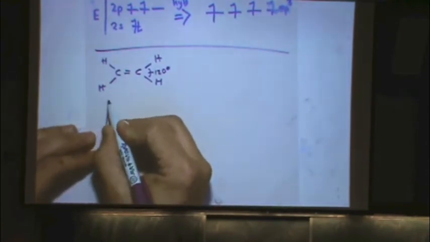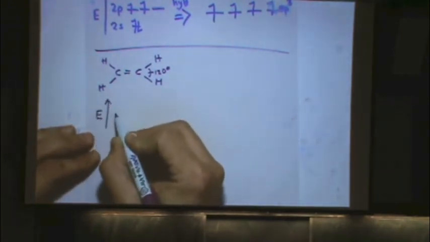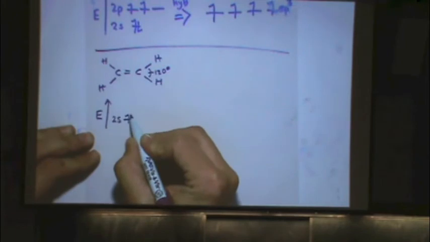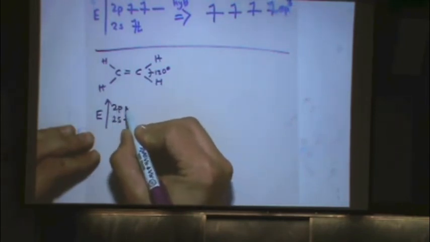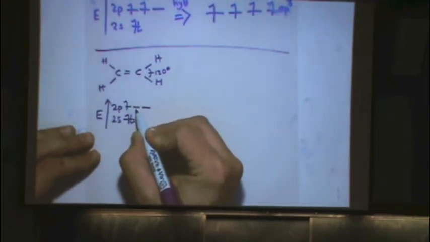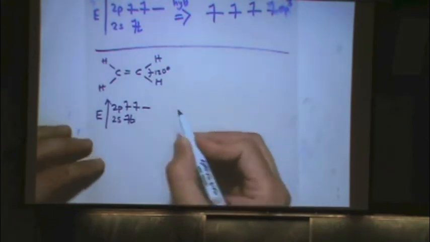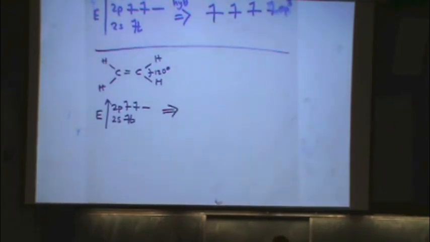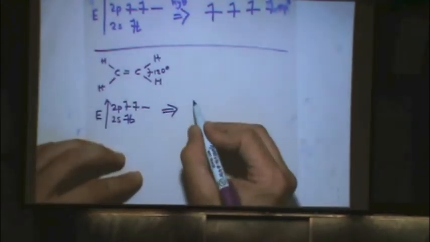Okay, so now again, I'm redrawing what I had up above, the orbital energy line diagram. 2s2, 2p2. We can't explain it with the previous hybrids because the previous hybridization gives a 109.5 degree bonding. So we explain it with a different type of hybrid, in which the following happens.